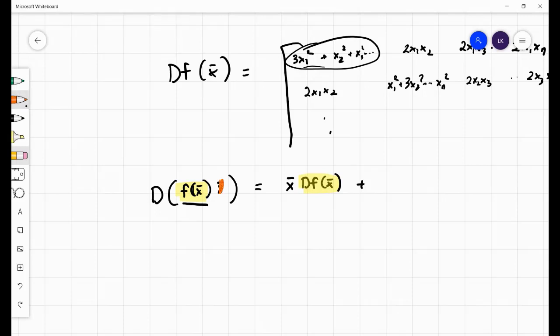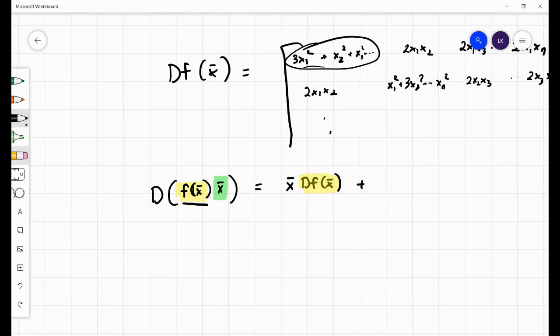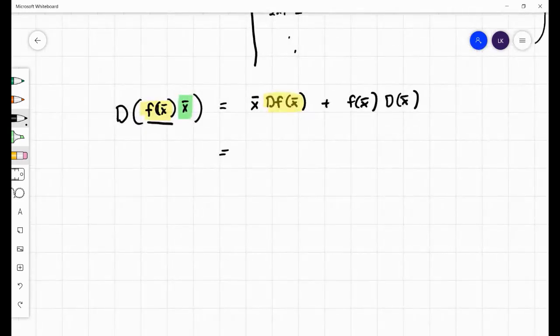Now we're going to differentiate x. So we're going to leave the first factor alone, but differentiate the x. Okay. So right, the function at x was the magnitude of x squared.